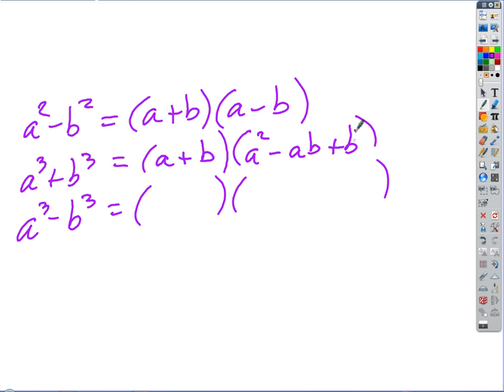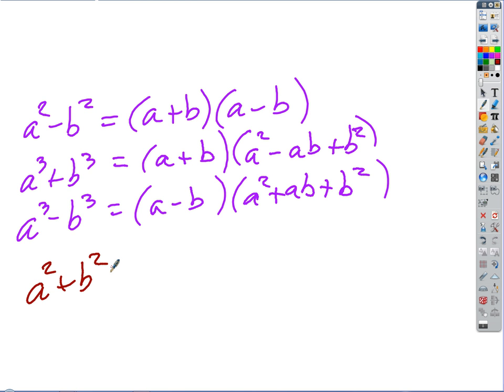So what's a cubed minus b cubed? A minus b, a squared plus ab plus b squared. What about sum of squares? Doesn't work. It does not factor. Can't do anything with it.